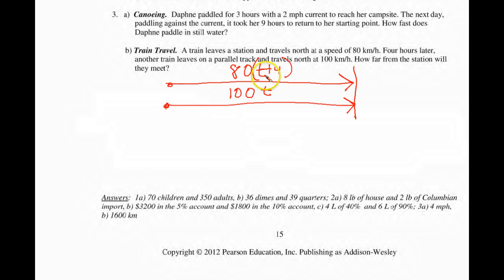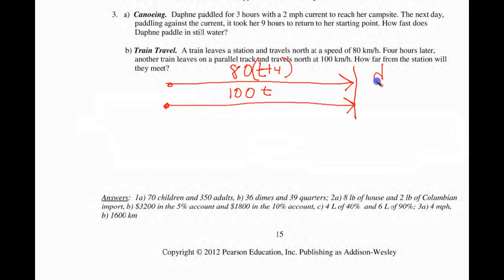Now we don't know the time, but we do know that this one took 4 hours less. This one you can think of had 4 hours more. So we're writing it this way. We don't put t minus 4 because this is the original time plus 4 hours. This one is the later time, just the time. Now what do you know?